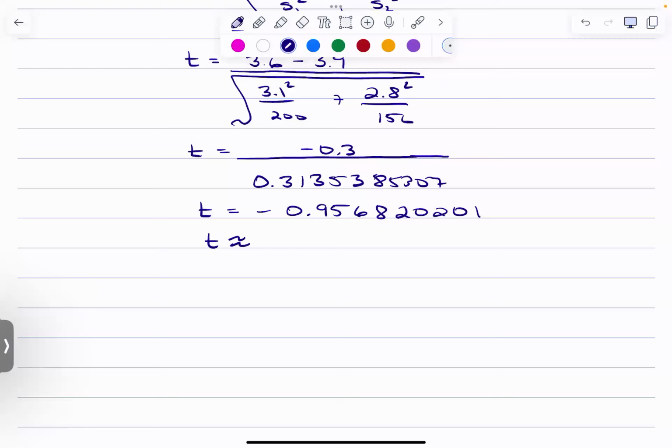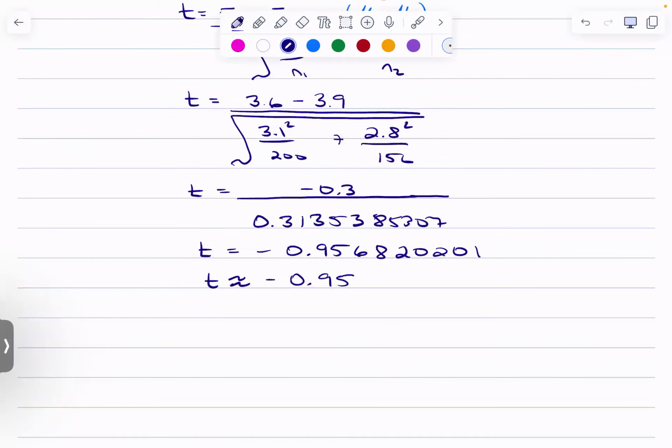To 3 decimal places, unless someone else got something different. Well, I thought I did it carefully, but then I always second guess myself. 0.957 to 3 decimal places.